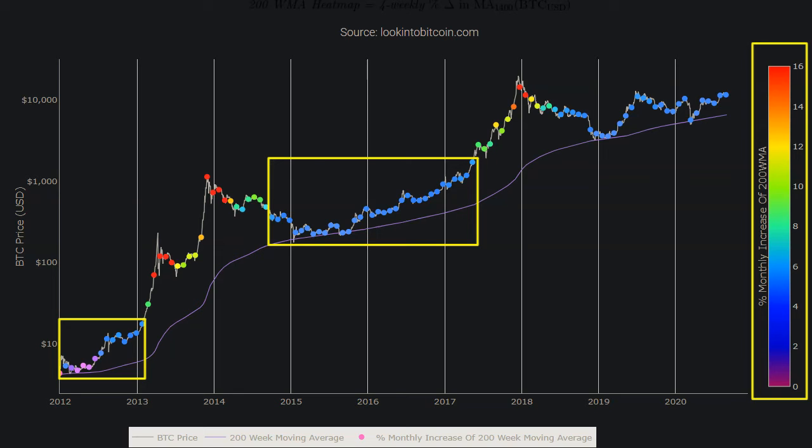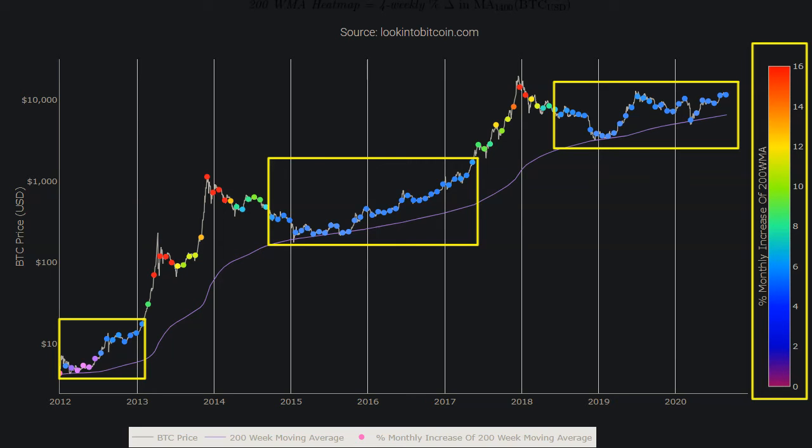So this color chart is indicating that now is the time to get in. Now what's happening in our latest bear market and these days, as you can see, is that we are still indicated by these blue and purple dots in the buy signal.